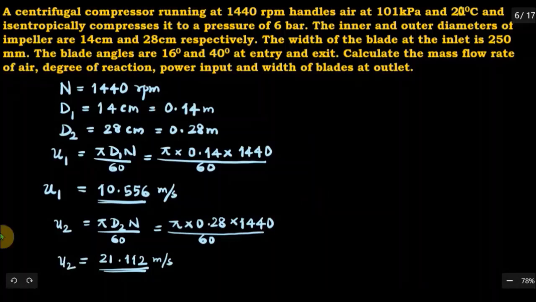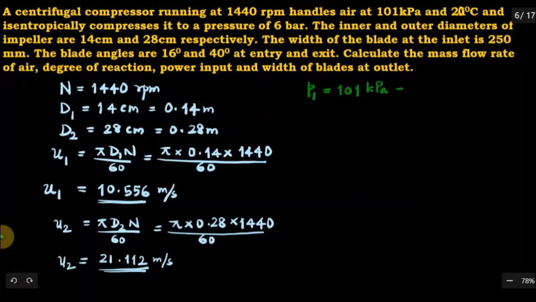See, once you have these values U1 and U2, now we'll proceed to the other information. So we have some thermodynamic aspects also, like inlet static pressure P1 is 101 kilopascal.